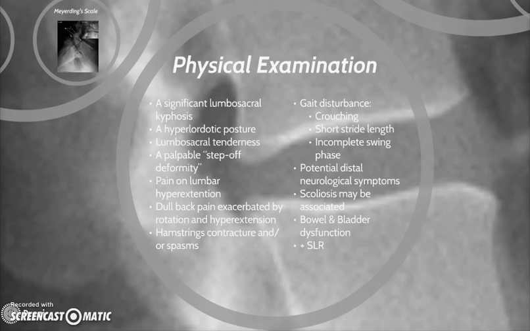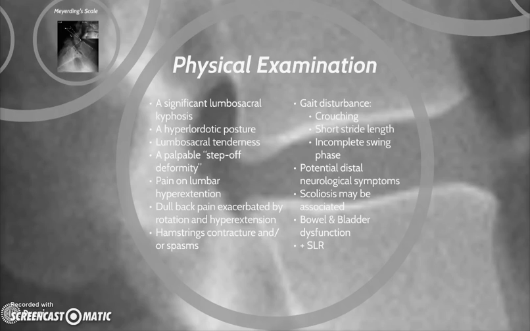Patients with a lumbar spondylolisthesis may present with some of the following clinical signs: a significant lumbosacral kyphosis, a hyperlordotic posture, lumbosacral tenderness complemented with the palpable step-off deformity, complaints of pain with lumbar hyperextension, a dull back pain exacerbated by rotation and hyperextension, hamstring tightness, contractures, and/or spasms, a variety of gait disturbances, including crouching, short stride length, and an incomplete swing phase.